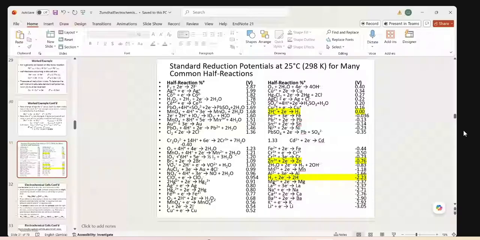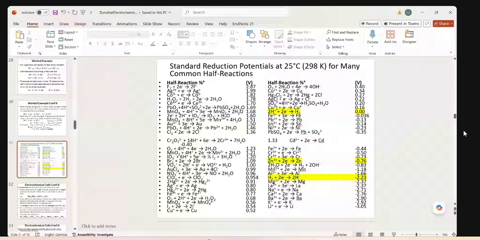So the cell potential for this cell, if we construct it using copper and hydrogen, will be the reduction potential for copper plus reduction potential for hydrogen. So it will be 0.16 plus 0.00. So this will give us 0.16 volts, right? Okay, so that would be the cell potential.